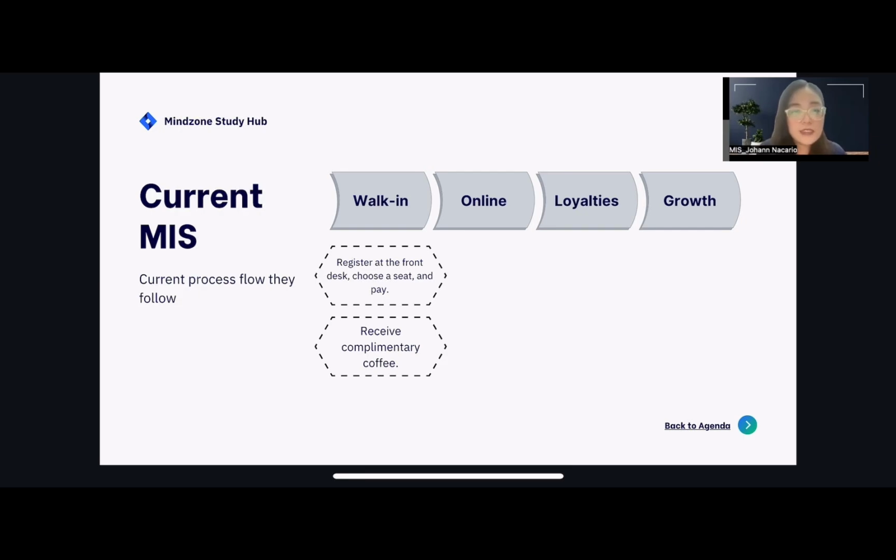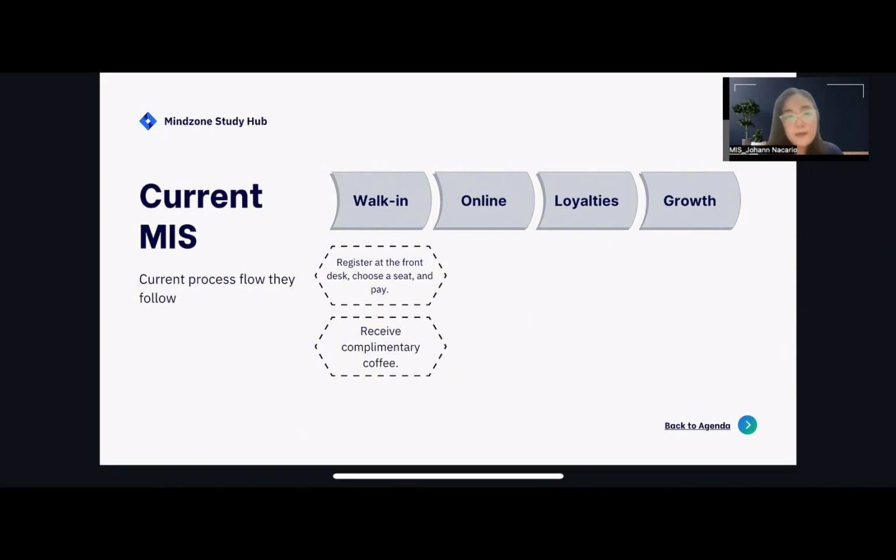So for the walk-in, they first register at the front desk, they choose their seats, and then they pay. Now for the walk-in customers, they're actually using a small monitor, like the staff's cell phones, to show the customers which seats are available and which are unavailable for that day.